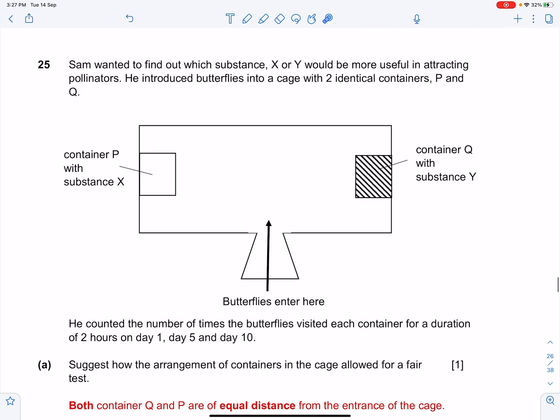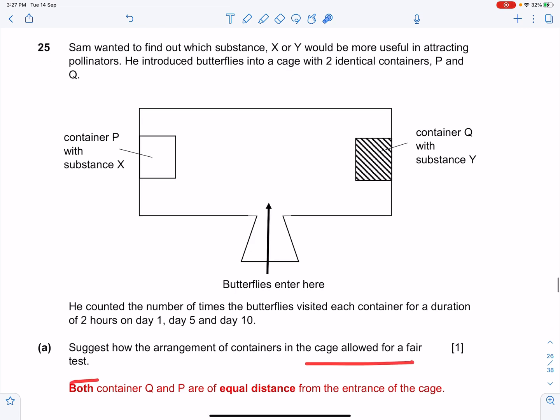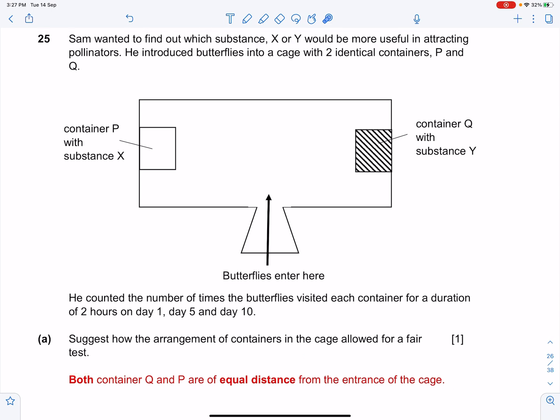Alright, this is also another very interesting question that came up quite recently, in last year's paper. I edited it. In this case, they are also looking for a fair test, but instead of putting the words 'fair test' there, they ask you how it allows for a fair test. So you have to try and understand.